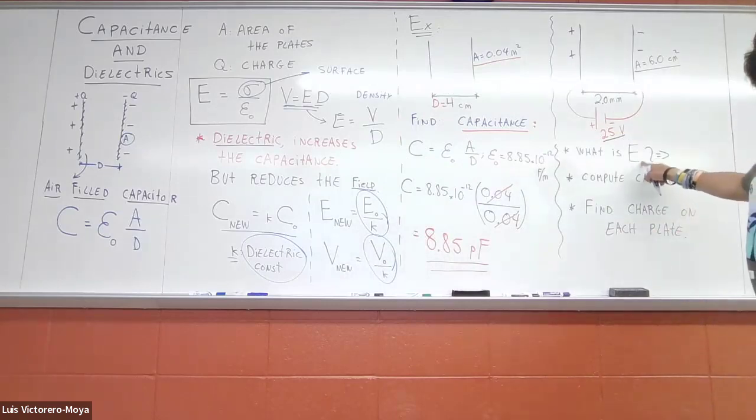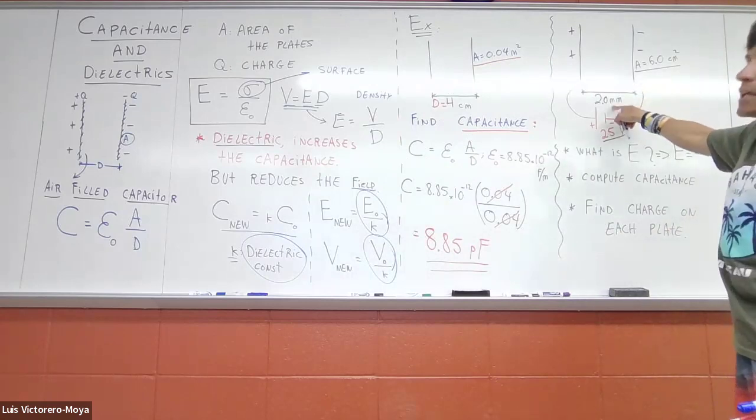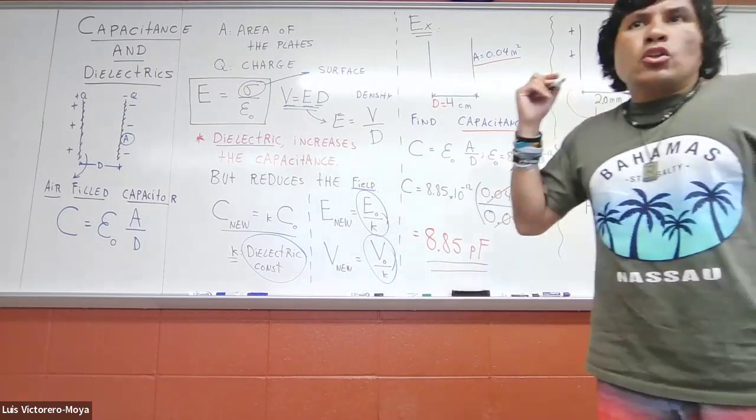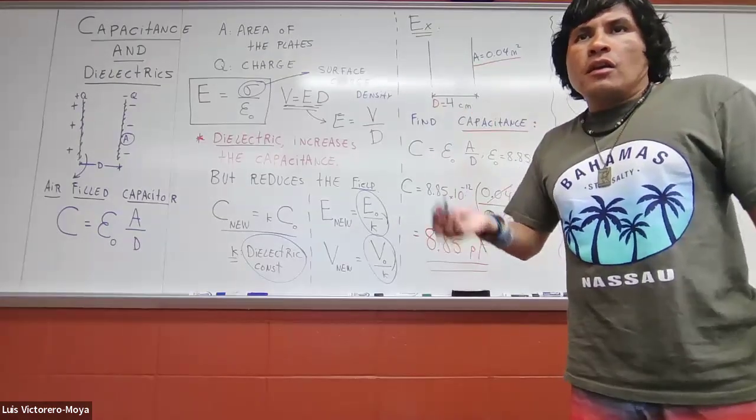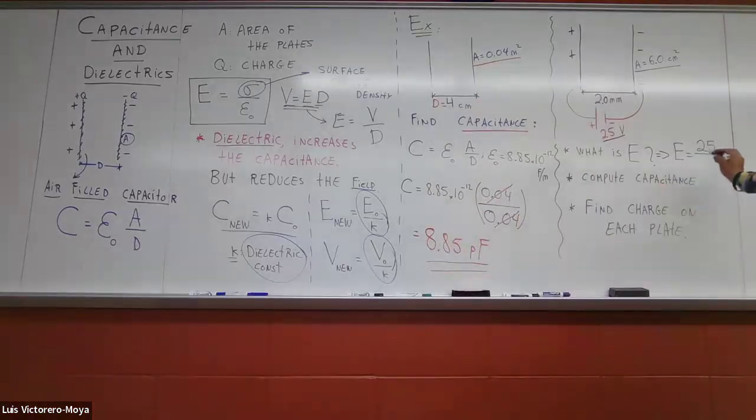So the electric field will be the voltage divided by the distance. Now, that distance is 2 millimeters. 2 millimeters is 2 times 10 to a negative 3.